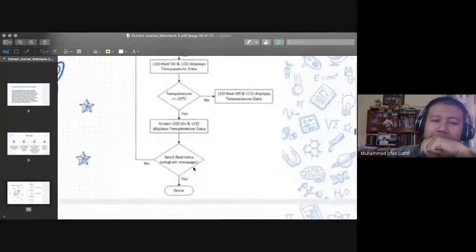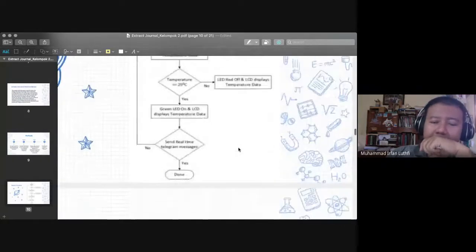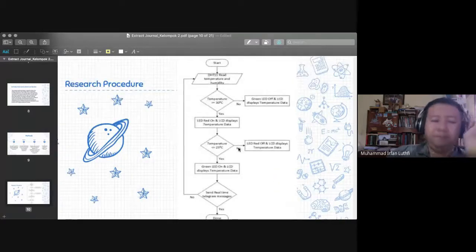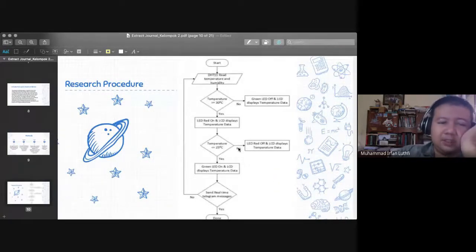The LCD, yeah, it's just flow. Also this one we can call the architectural flow. So actually, in this paper they don't mention the research procedure.